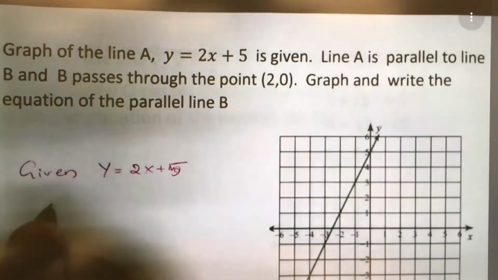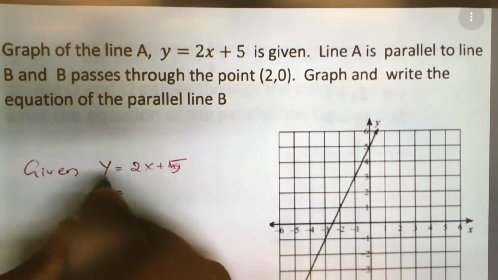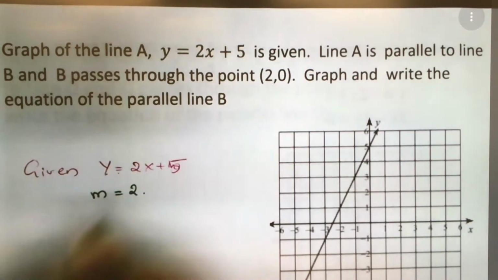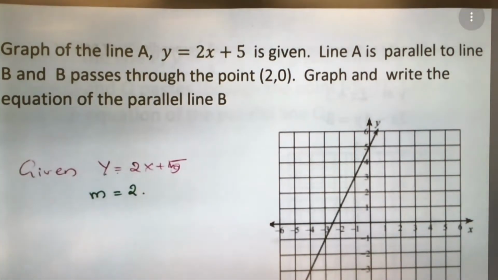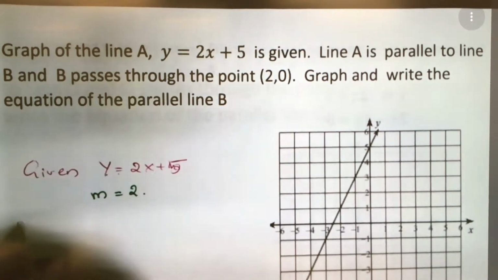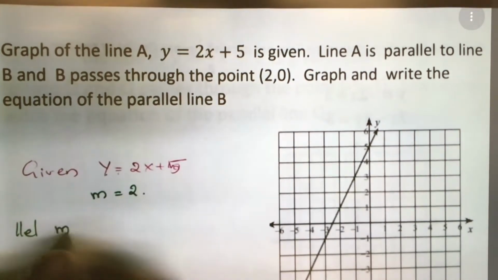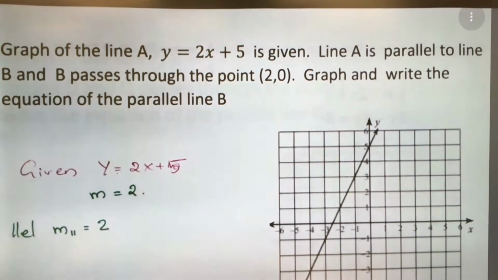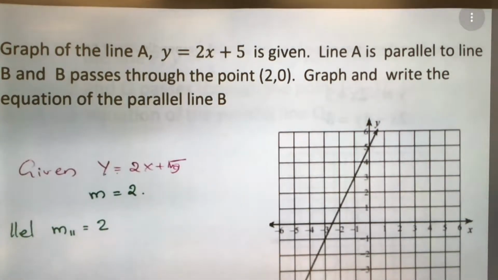The slope of the given line is 2. The second step is you need to identify the slope of the parallel or perpendicular line. Here we need to find the parallel line, so the slope of the parallel line is 2, because if two lines are parallel, they have the same slope.